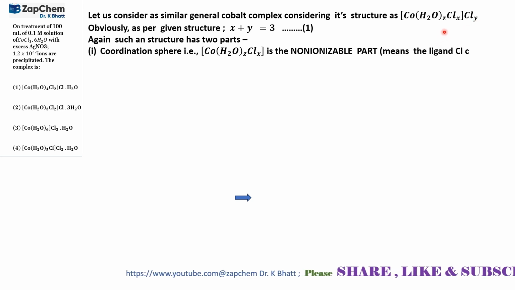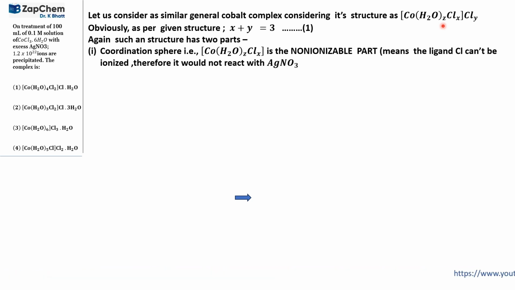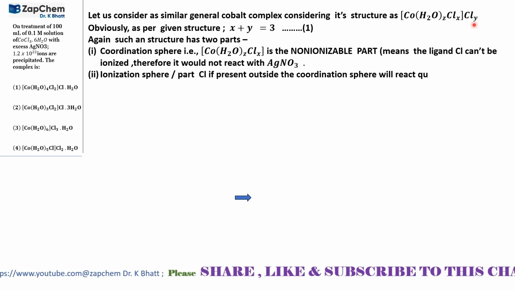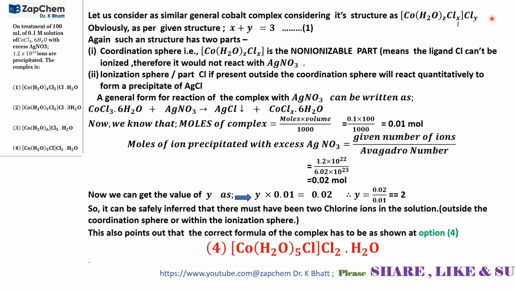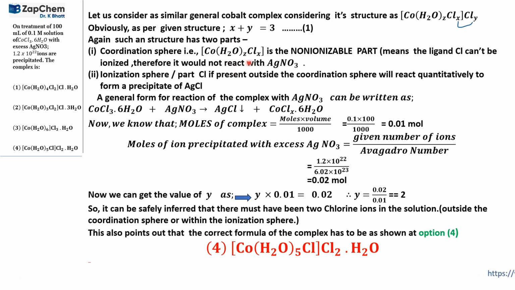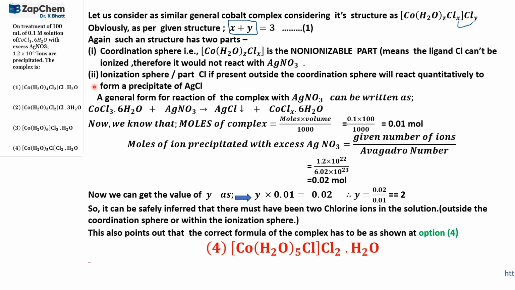So this way we find that x are the aqua ligands, the chloro ligands, and y is the ionization sphere for chloride. So we can very safely say that x plus y will be equal to 3, as given in the structure. We find here that it is CoCl3. So that means x plus y is equal to 3.